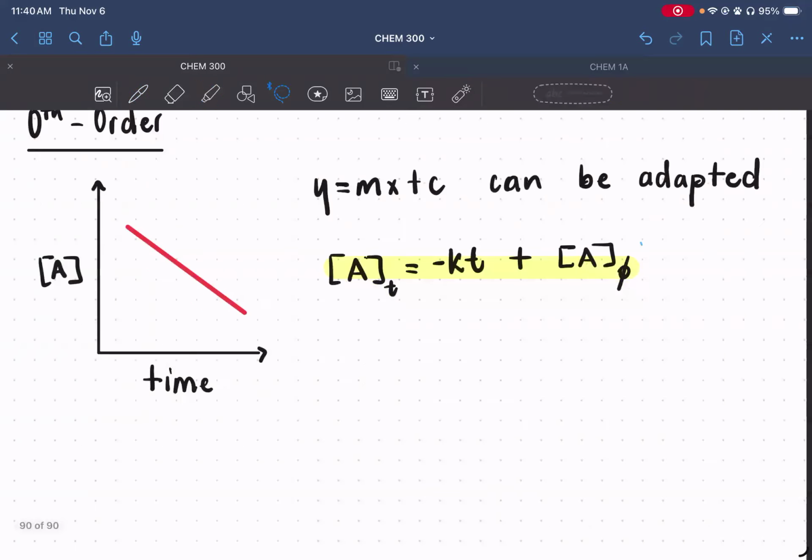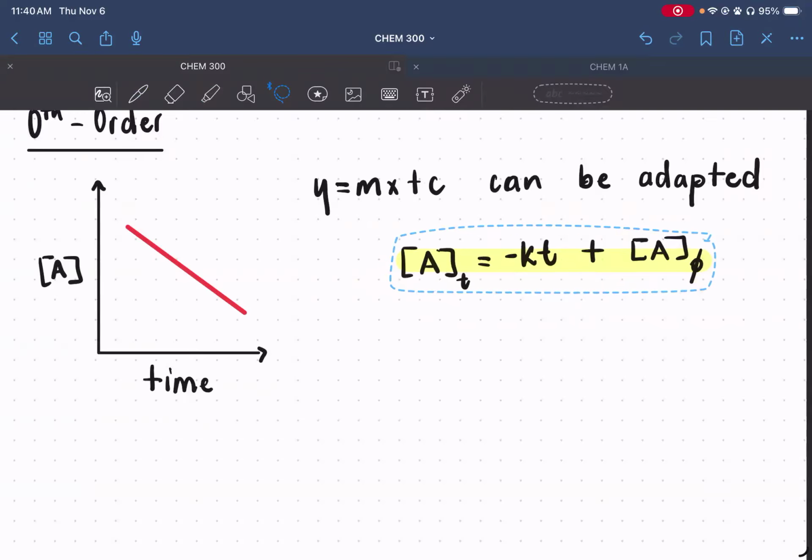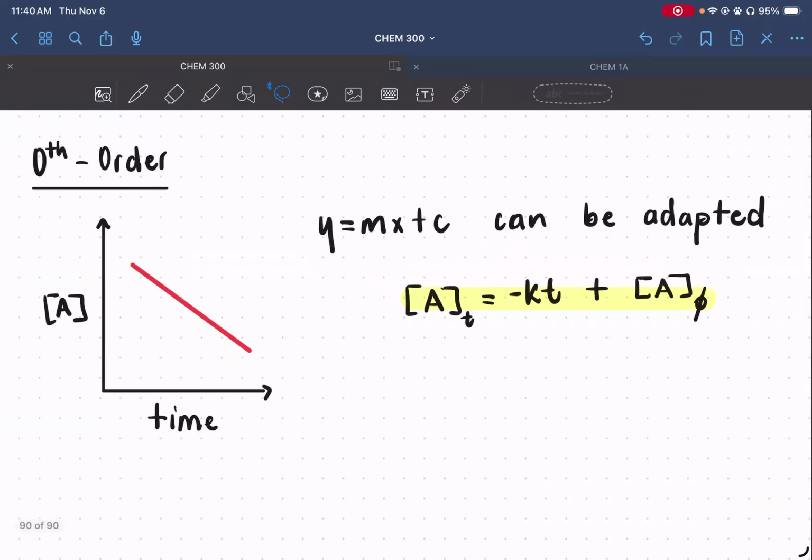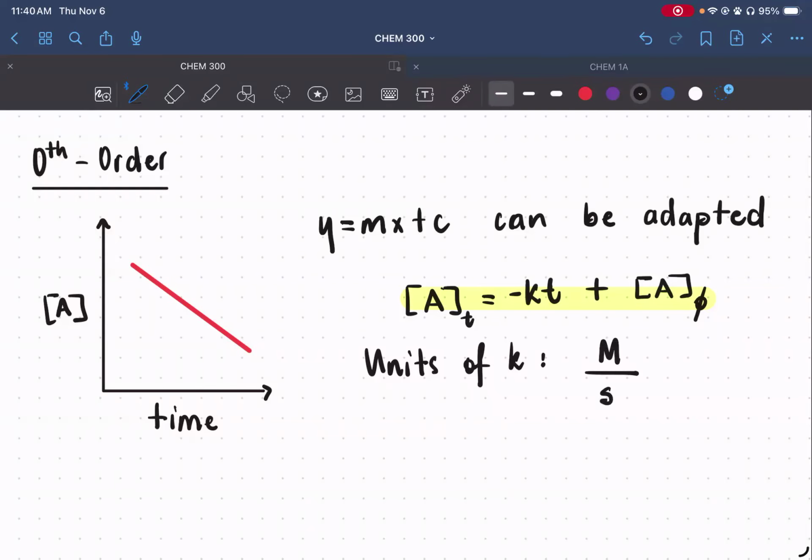This is the integrated rate law for zeroth order reactions. Its rate constant is what we classically expect, molarity per second.